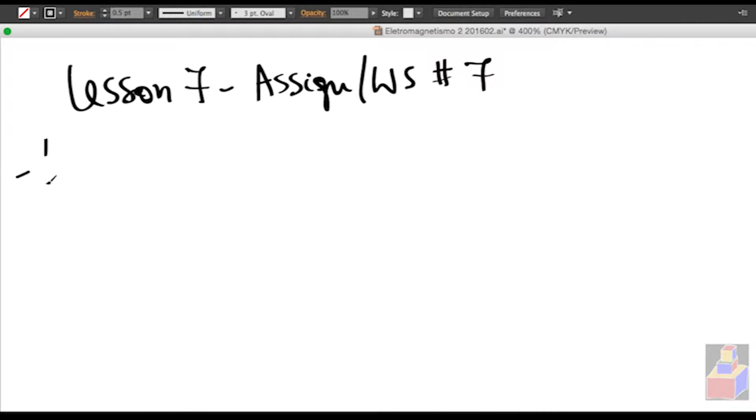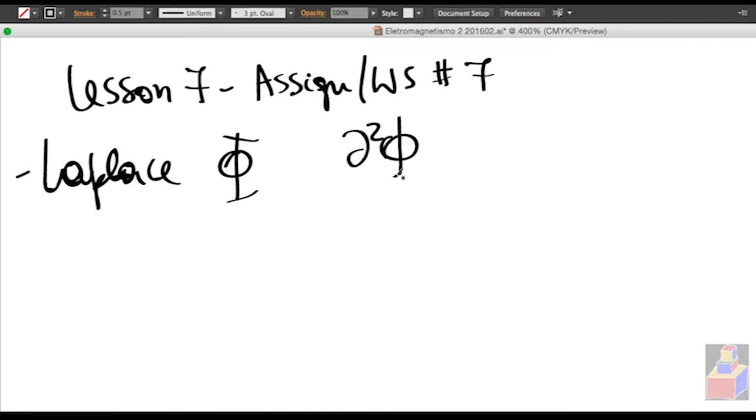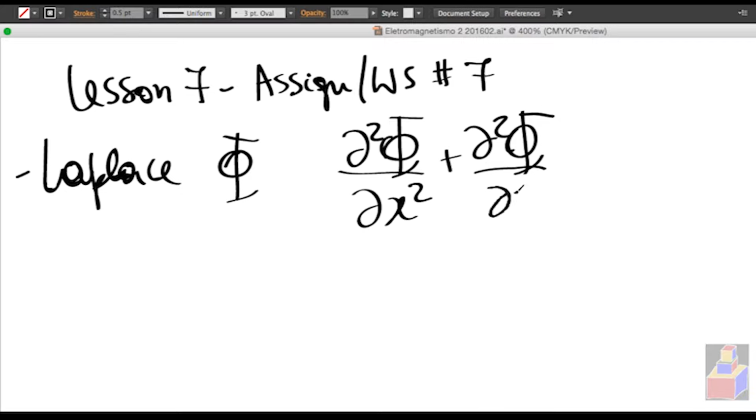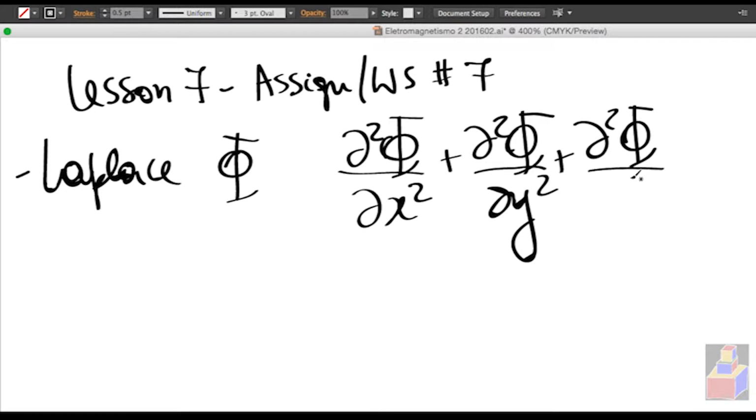Laplace equation in 3 dimensions is something like this. Let's say the function is phi. It's a sum of partial derivatives like this. So this is not an eigenvalue equation. This is a Laplace equation.